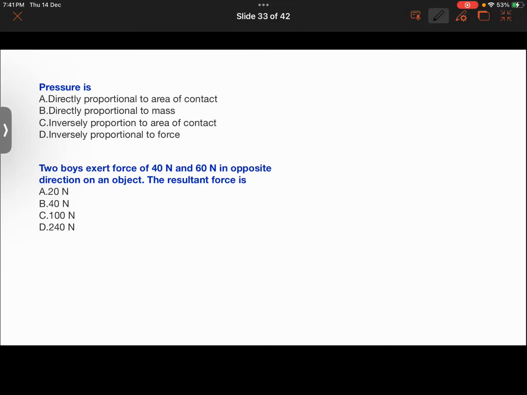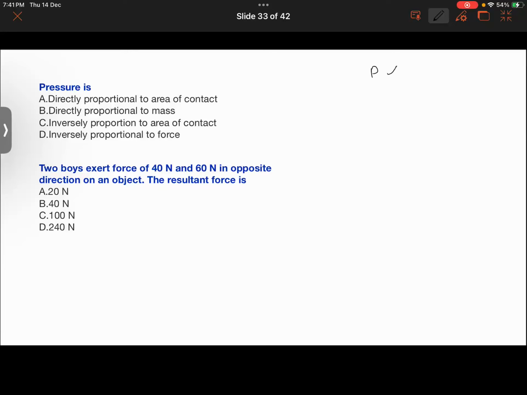Pressure is directly proportional or inversely proportional, right? Look at the given options. Directly proportional to what? Sir, area of contact. So inversely proportional to area of contact. In an inverse relation, one quantity will be increasing, the other quantity will be decreasing.